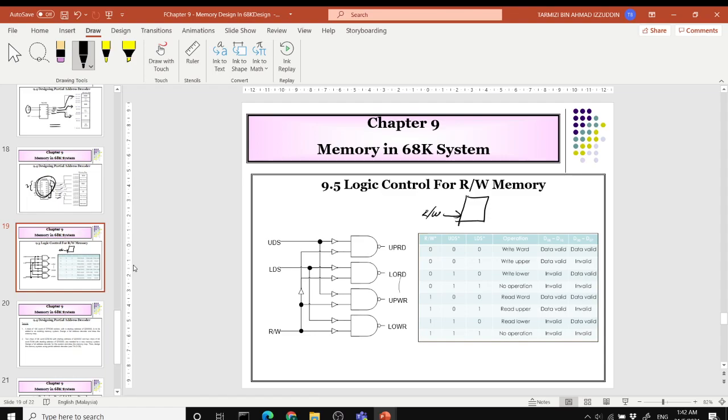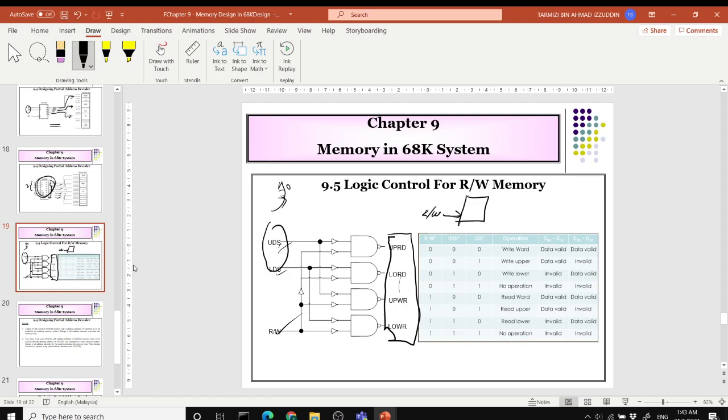Basically, the circuit looks like this. It consists of 4 NAND gates, with 3 inputs. So if you figure out the output of the NAND gate over here, it will be like this. You have 3 inputs: UDS, LDS. Remember, your UDS, LDS is connected to the first address pin A0, which denotes UDS and LDS.